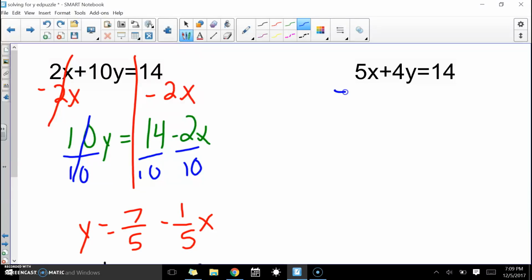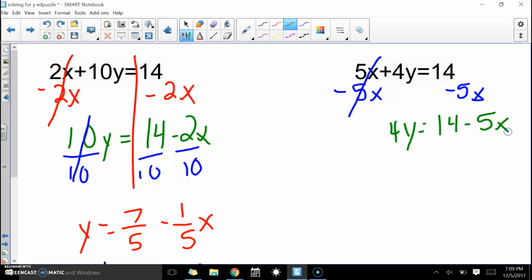We're going to subtract 5x from both sides. This cancels out. I'm left with 4y equals 14 minus 5x. Then I need to divide by 4. So that gives me y equals 14 divided by 4.